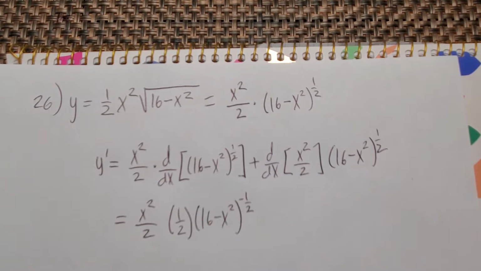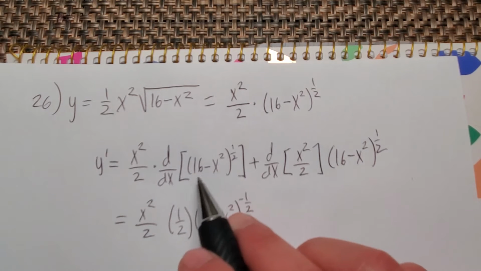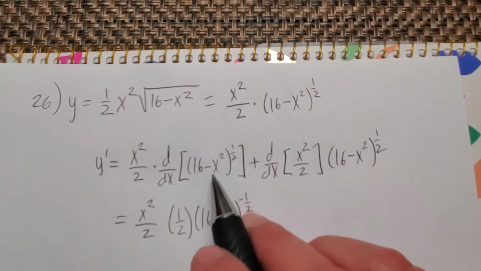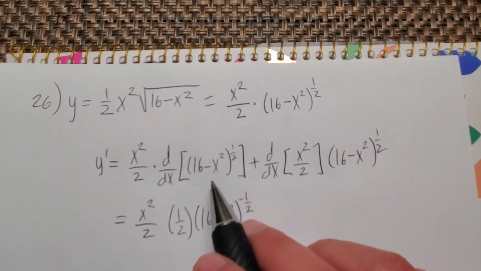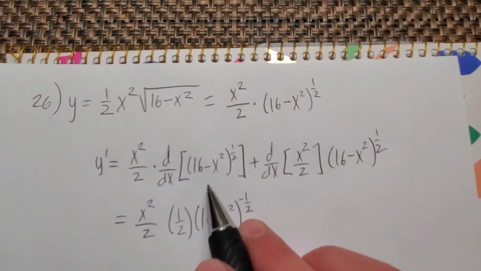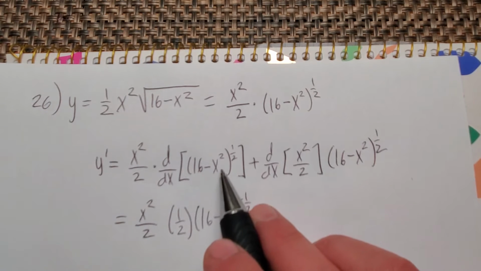We're not done yet because we have something complicated on the inside. So using the chain rule, we have to take the derivative of the inside, which is 16 minus x squared.